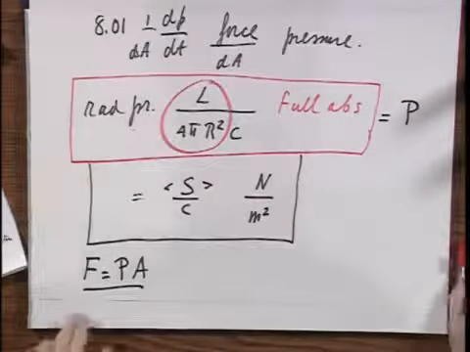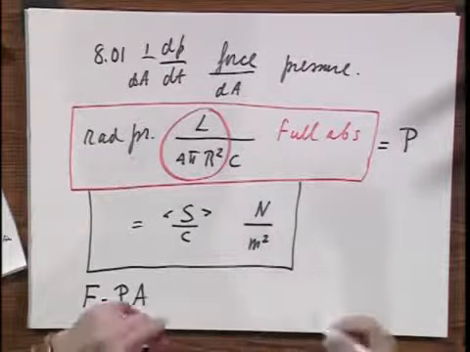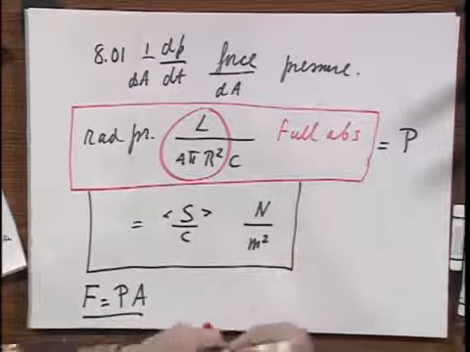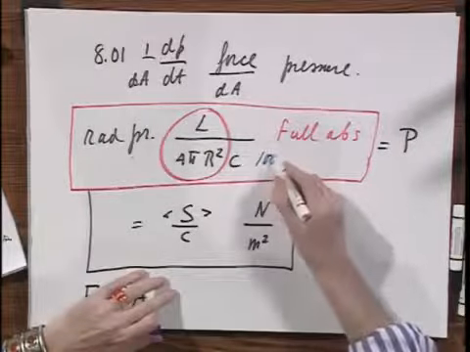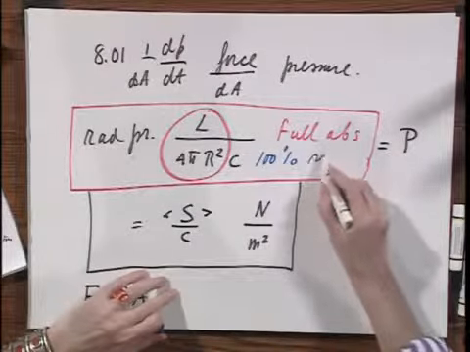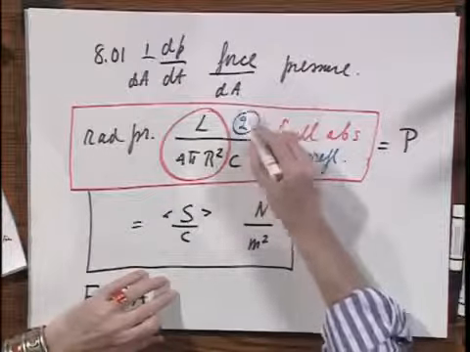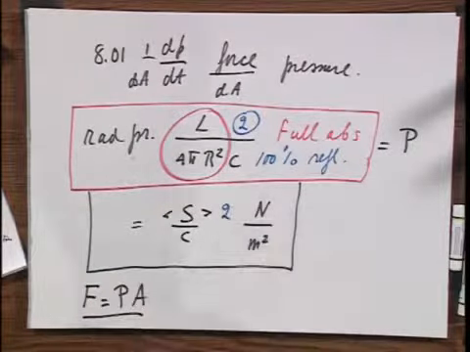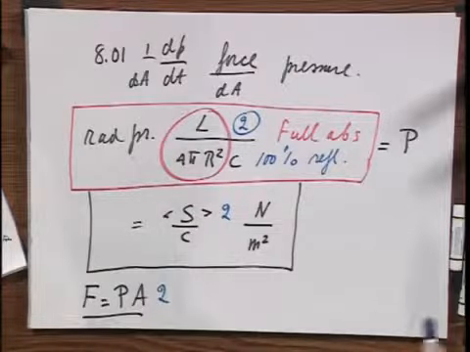If, however, the radiation is not fully absorbed, but is reflected 100%, which can happen, you can have a mirror and you can reflect almost 100% of light. You can have metal surfaces which can reflect radar and also radio emission 100%. Then you gain a factor of 2. So if you are dealing with 100% reflection, I hope you can read colors, you would get a factor of 2 here, and a factor of 2 here, and a factor of 2 here.